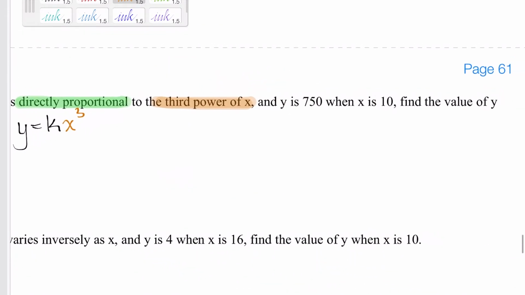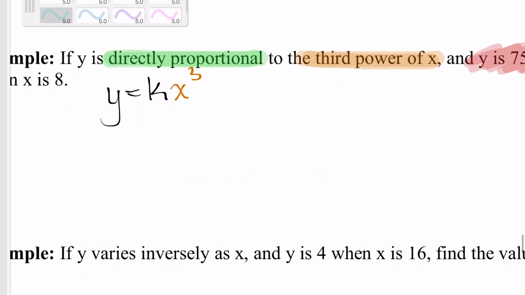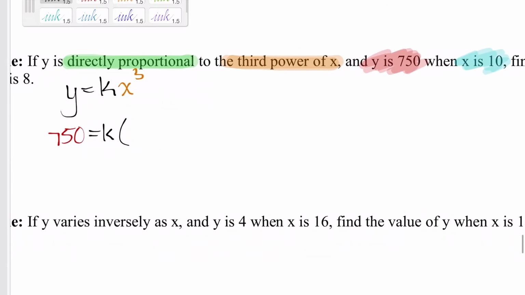The next part, they tell us, oh, hey, when y is equal to 750, x is going to be 10. So I can plug in 750 for my y value. They also told me that my x is 10. I made that in blue.